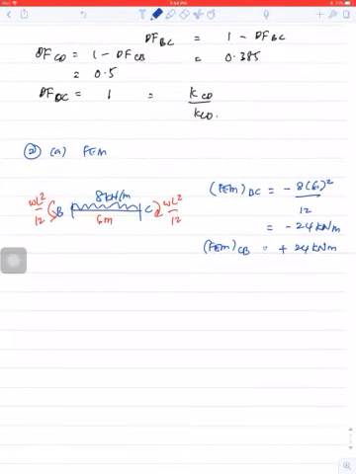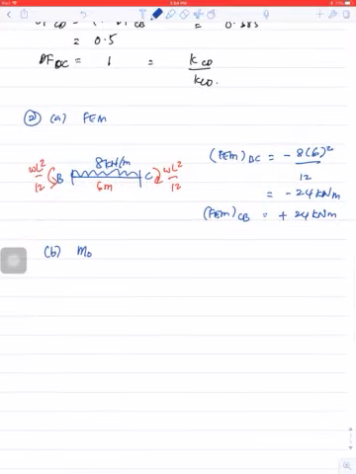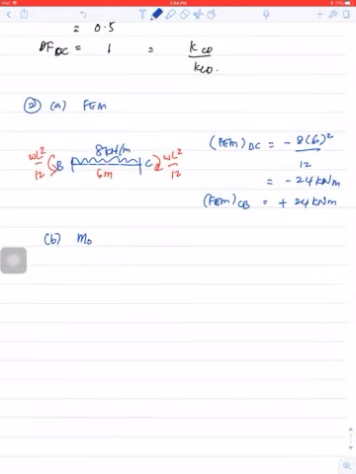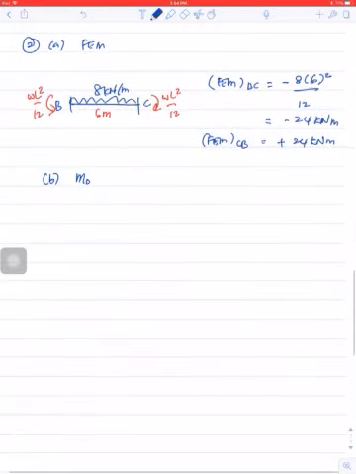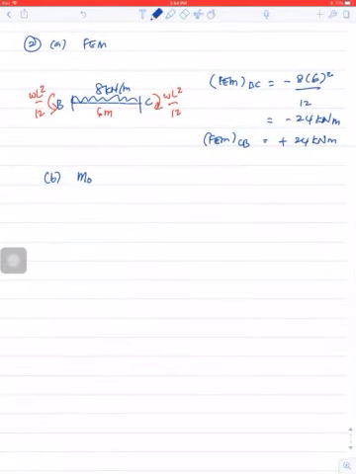Okay, next is the calculation of M naught. I will not show how we get the M naught, since I have shown you in class. This is the value from table number 1.